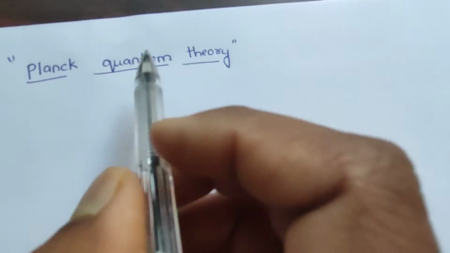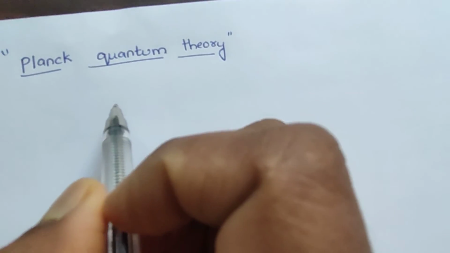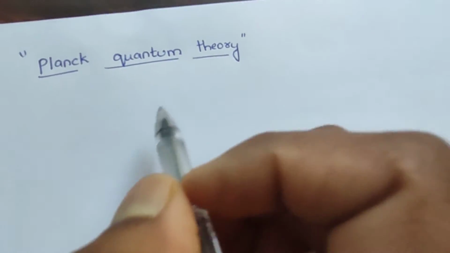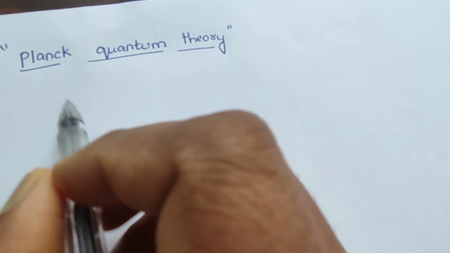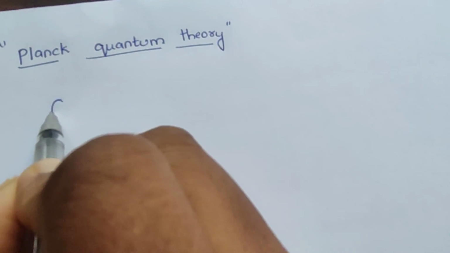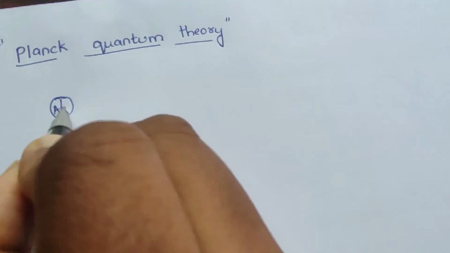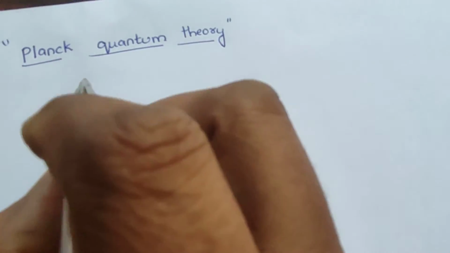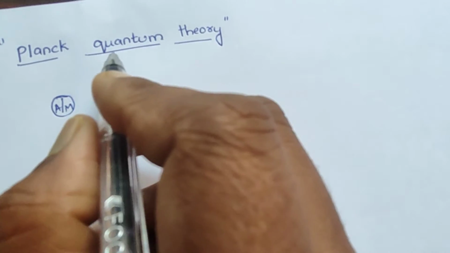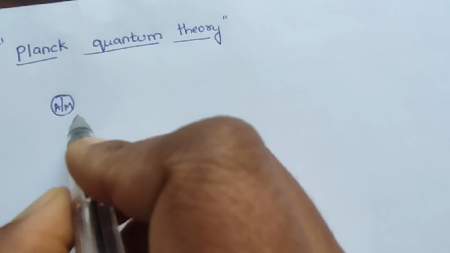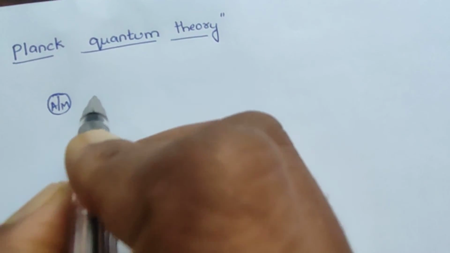According to this theory, atoms or molecules could emit or absorb energy only in discrete quantities of energy and not in a continuous manner.